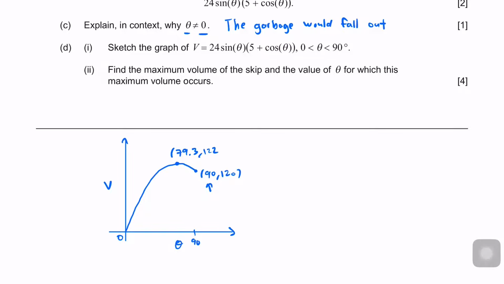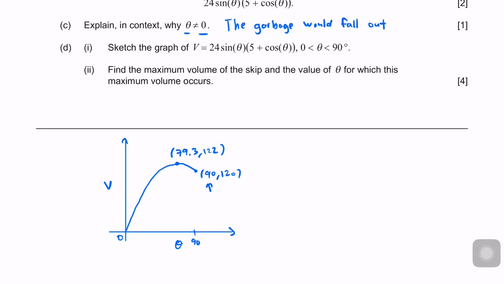Alright, find the maximum volume of the skip and the value of theta for which this occurs. So this is already volume against theta. So our maximum volume is equal to the y value right here of 122, and it occurs when theta is equal to 79.3.